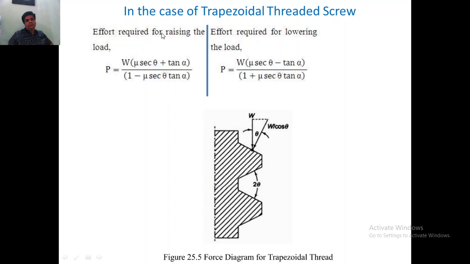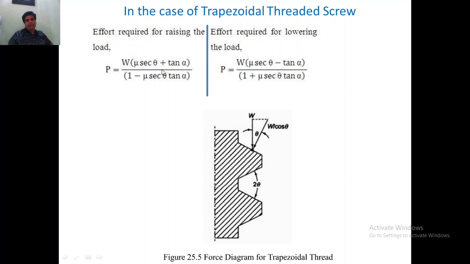If you make some changes here, the load applied perpendicular to this inclined plane will be W by cos theta. So this is W, and we have to resolve this force perpendicular to this inclined plane. This load will become W by cos theta, or W secant theta.